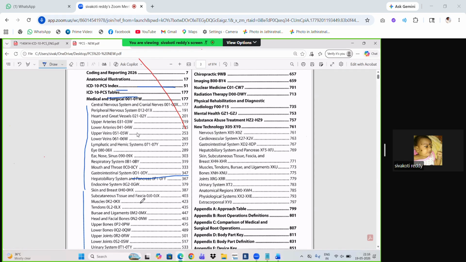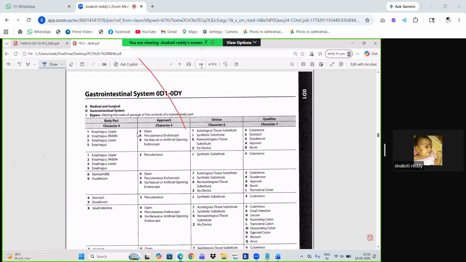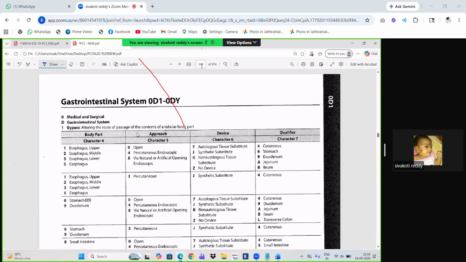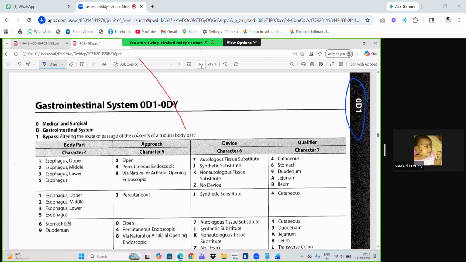C means C, J means J, F means F. It depends on the code characters. The first characters tell which page range, and we need to go to that particular page range. 0D1 to 0DY, page 347. I am going to the particular pages. Whatever page you open, you will get the code range at the side.